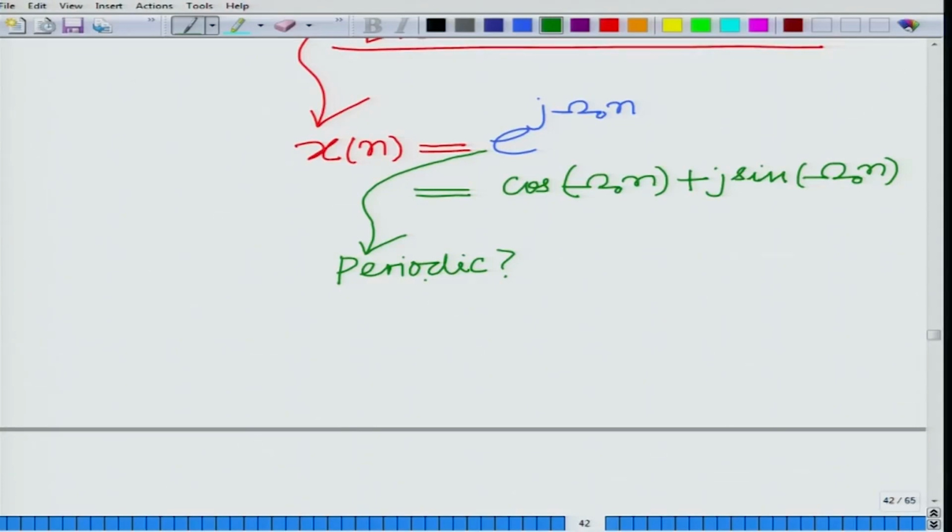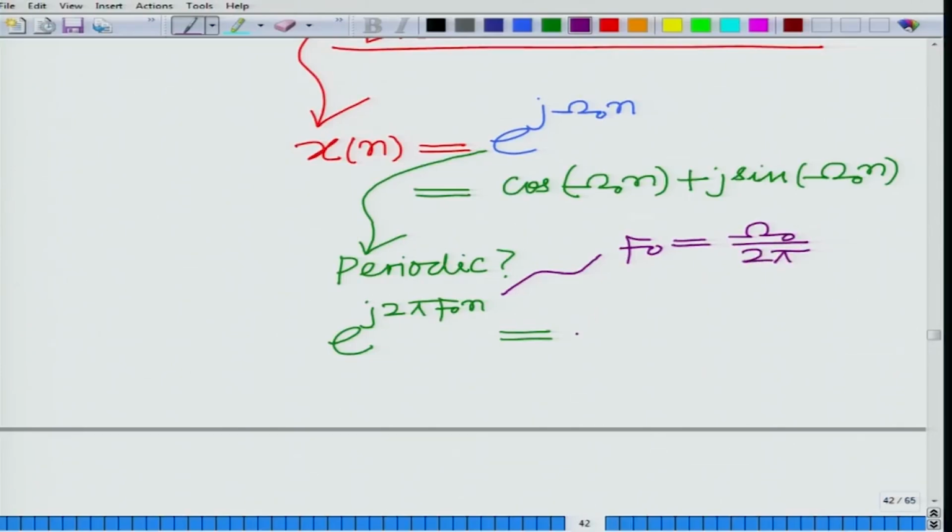The reason being as follows. So, let us look at e to the power of j 2 pi f naught n, where f naught equals omega naught divided by 2 pi.